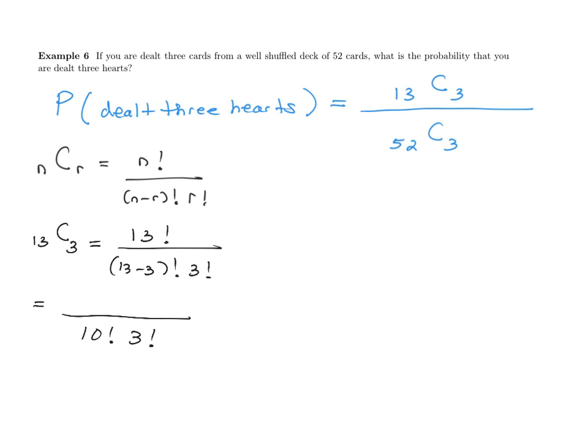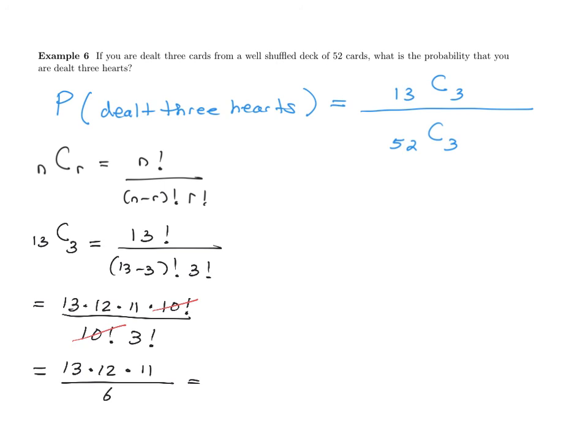Since we've done this a few times now, 13 factorial is 13 times 12 times 11. And then once you get to 10, just call it 10 factorial. This way we can jump to canceling the 10 factorials, and they're just 1. 3 factorial is equal to 6, so this is 13 times 12 times 11 over 3 times 2 times 1, which is 6.